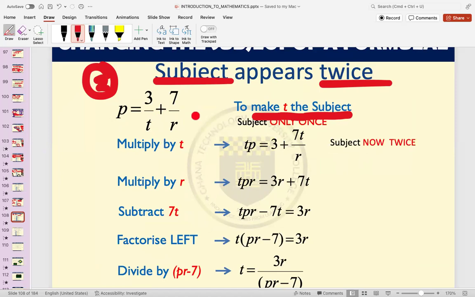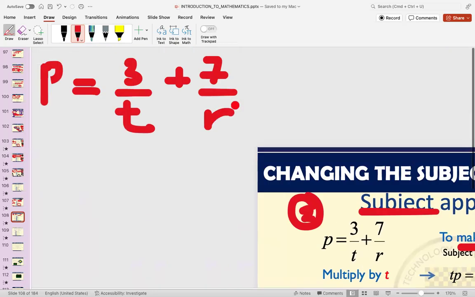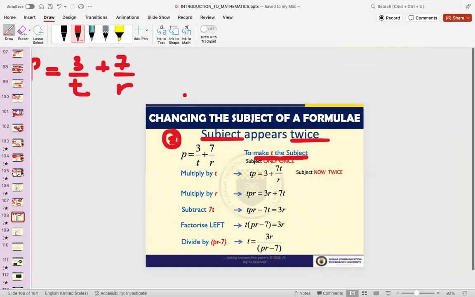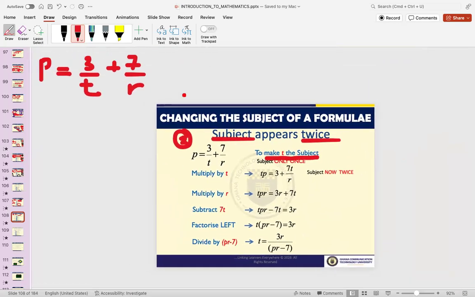R is appearing once. So how come we are solving it under subject appears twice? Well, when we get to a point, you will know that this T will appear twice. At the initial stages, you will not see it, but in the course of the working, you see them appearing twice. Let's try our solution and then see the application of what I'm talking about.